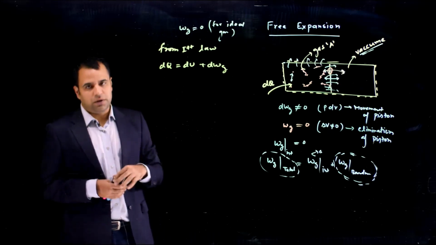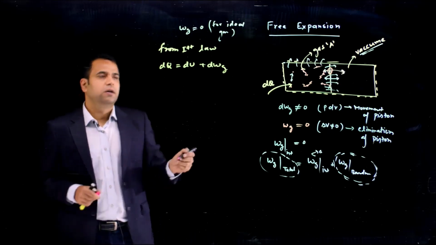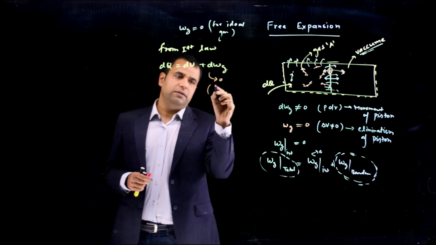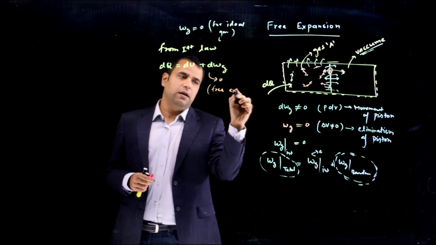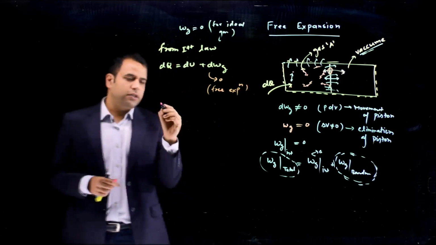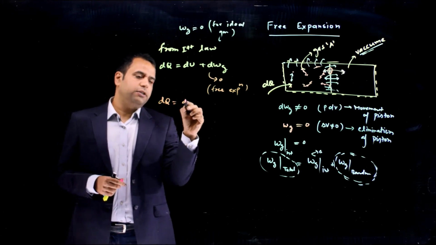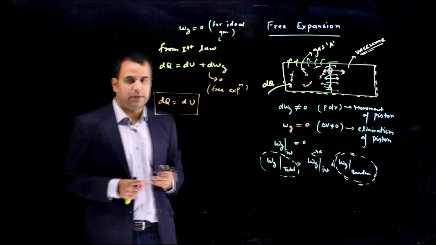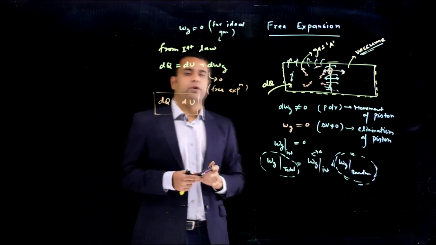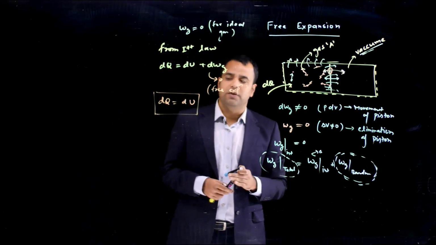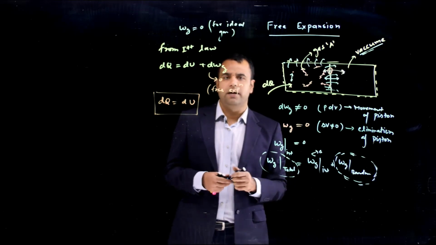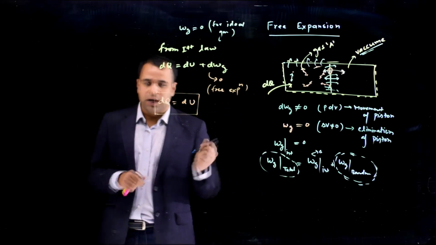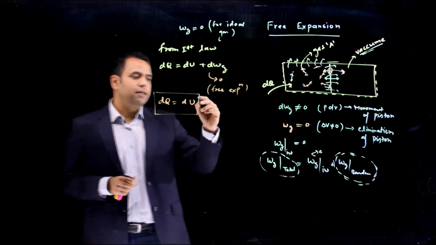And we understood how the free expansion happens, so dwg is 0 for free expansion. So we'll have dq = du. Whatever heat is given to the system from outside will be utilized to change the internal energy of the system. And we know how to calculate the internal energy, that is nCvdT. So we can calculate how much internal energy change is happening.